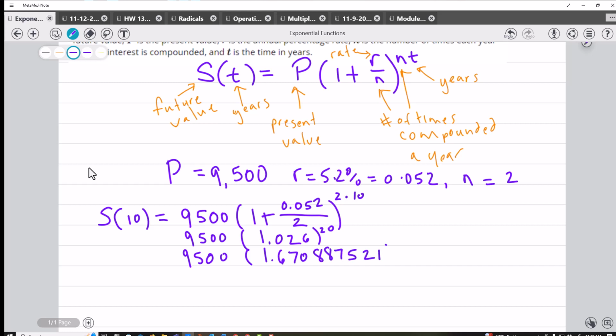It might seem extreme, but we don't want to round incorrectly. When I multiply this out, I get 15,873 and 43 cents. So this is saying if this person puts 9,500 into this account at this interest rate, that's how much they would have after 10 years.